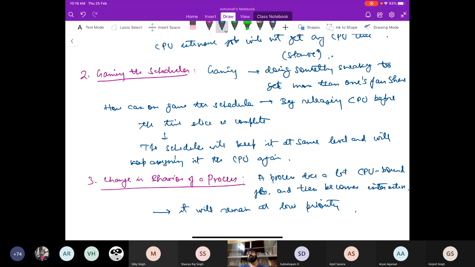But the problem is it's not getting CPU time itself. It wants to ask for IO, but it's not getting CPU time because it's low priority.